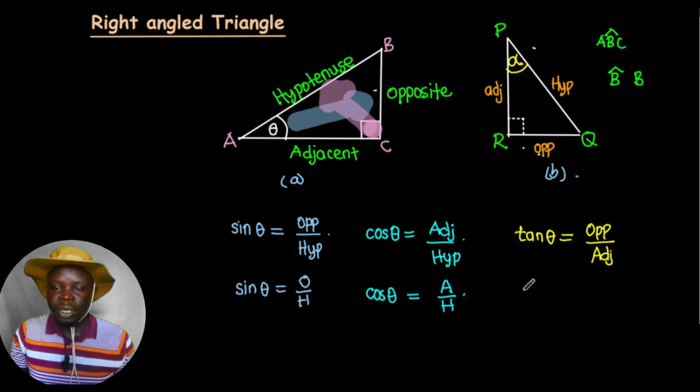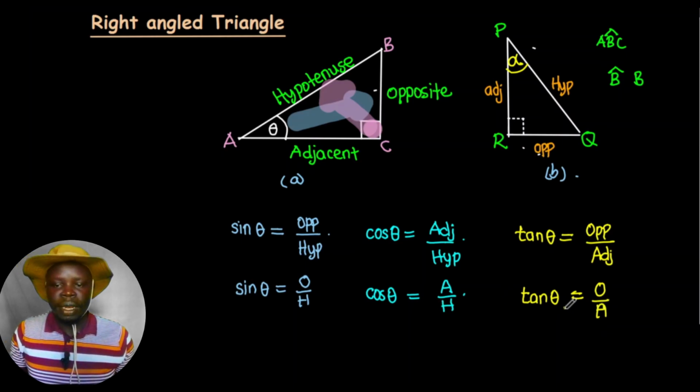So let me first set it up here, and we have tangent of any angle theta given by O over H. So you can see the tangent O is here and then A is here. Sorry, this one is an A.